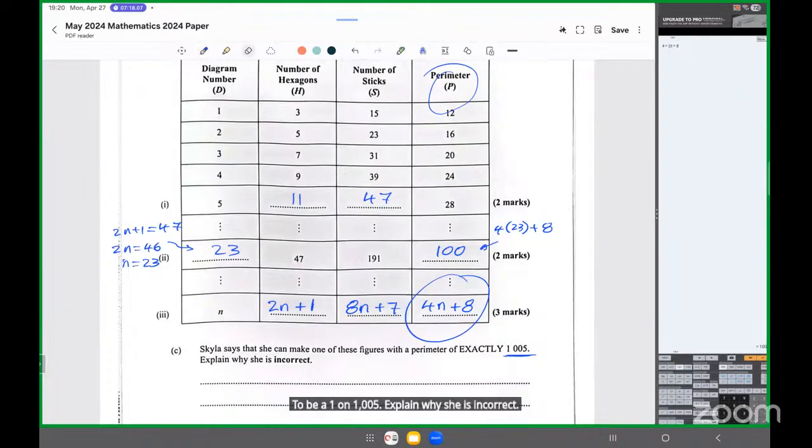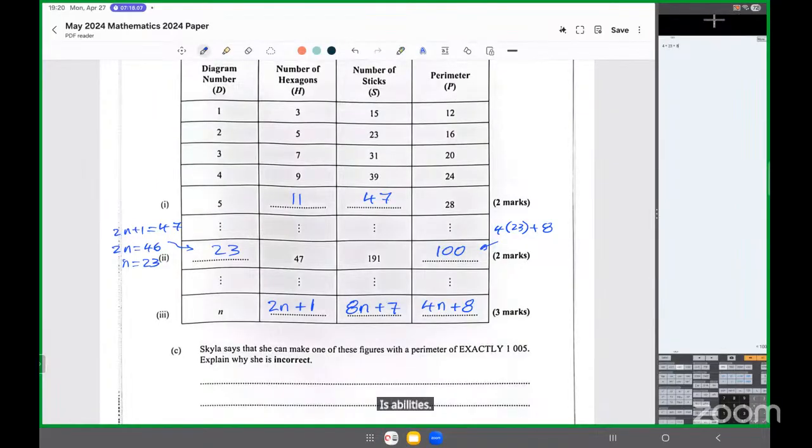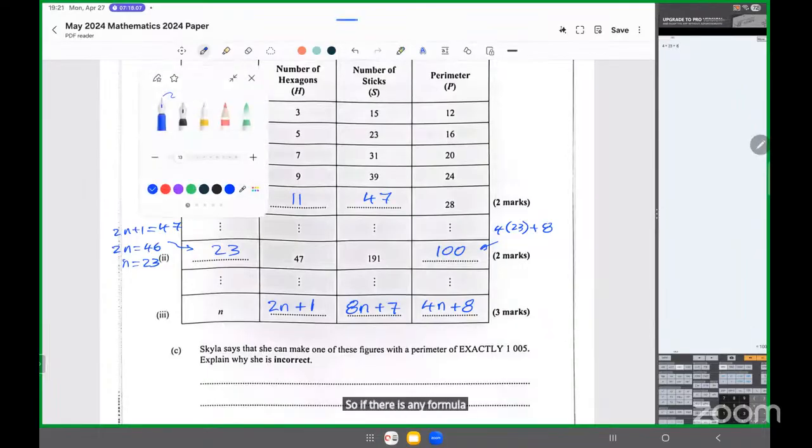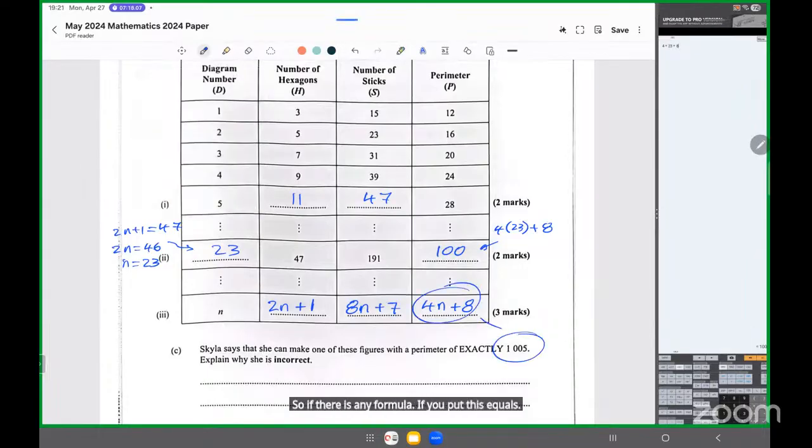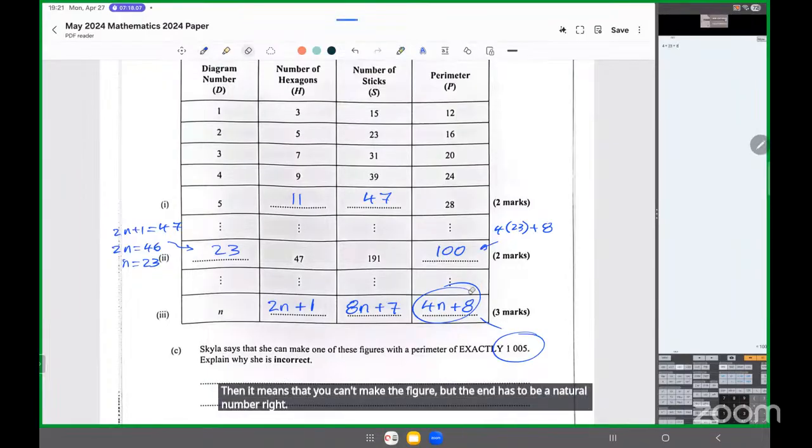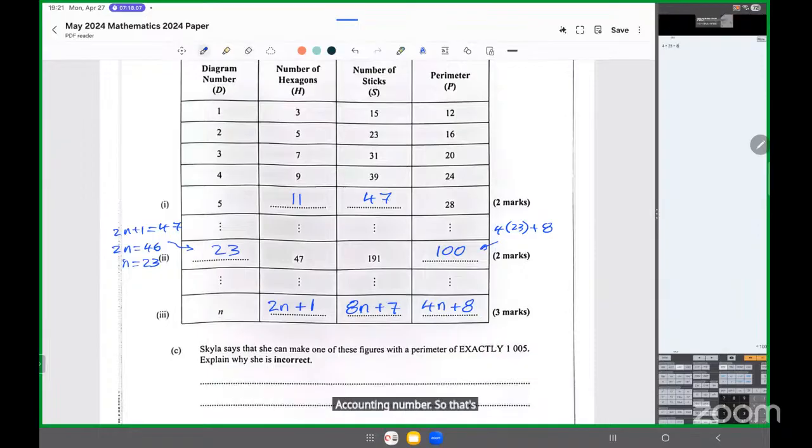She's going to be incorrect if the figure number n is not a natural number, because the figure number has to be a counting number. If you put the formula equal to 1005 and n can't come out to be a natural number, then you can't make the figure. But n has to be a natural number, right? A counting number.